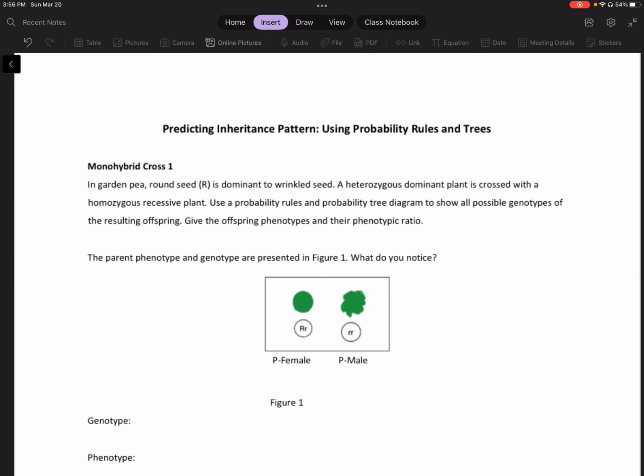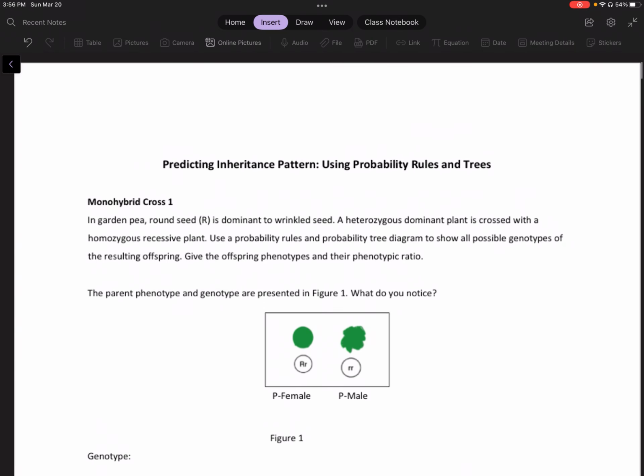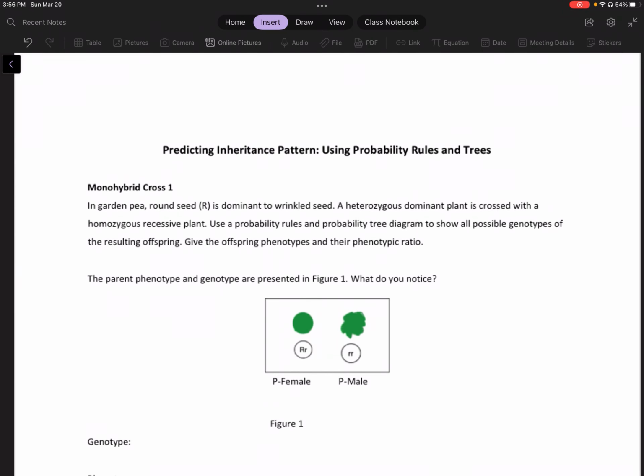So this first one that we are looking at is a monohybrid cross, looking at 1 trait. But what I want to show you really quickly is making these gametes, going through meiosis. So remember that in meiosis, say this is mom, we're going to duplicate DNA.